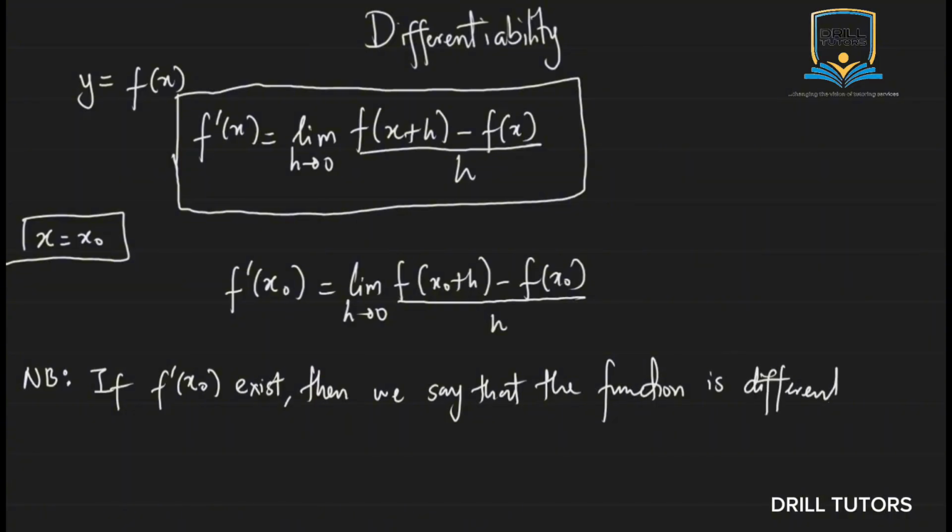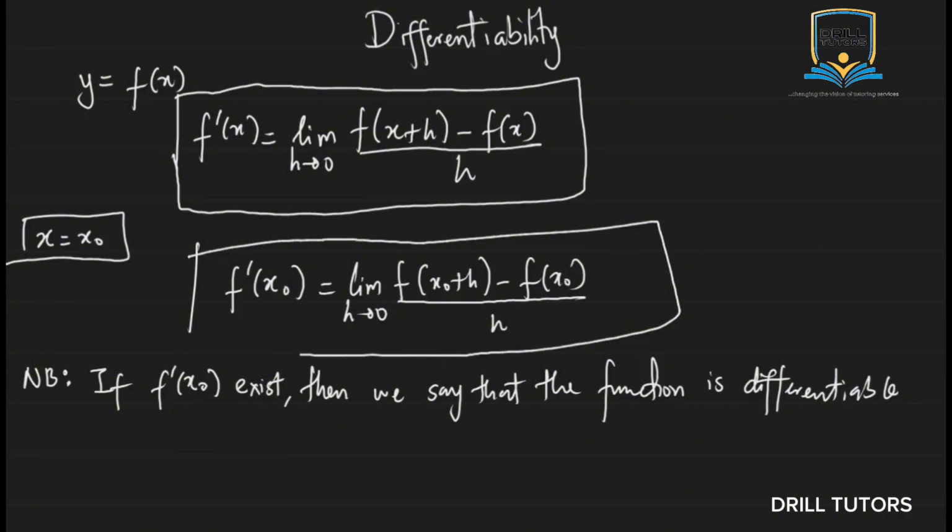Please follow through. I repeat, if this particular condition or this definition exists, then we say that the function is differentiable at x naught. Or another way to put it is that f has a derivative at x naught. F has a derivative at x naught.